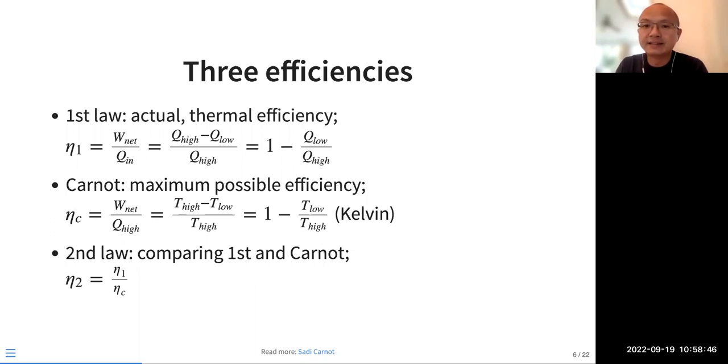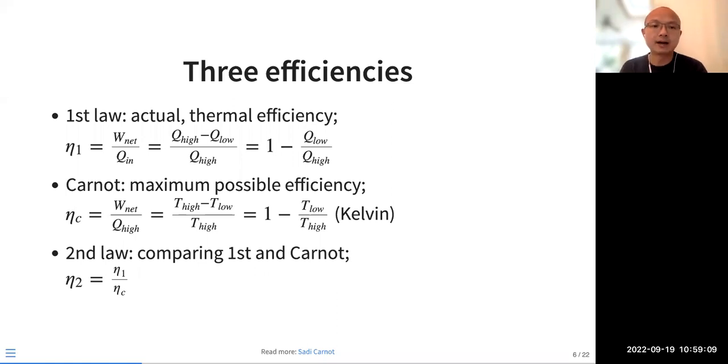So in this case, you can compare the heat source to the heat out of the system and compare to the heat into the system. And that's the actual energy used to do useful work.